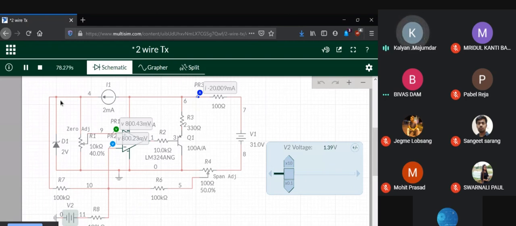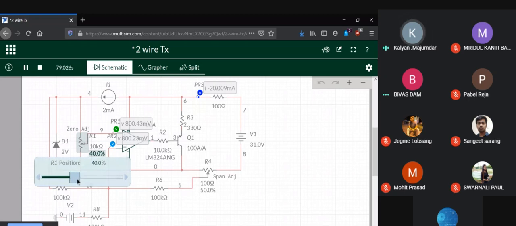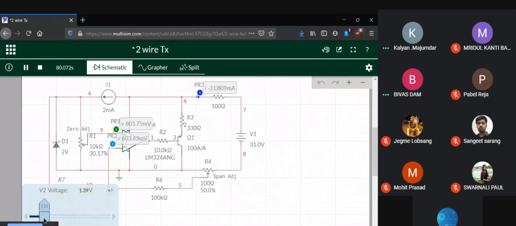So again, let me return back to the earlier setting. We have seen the zero adjustment effect, now let's see the span adjustment effect. Let me take this back to the earlier position, which was 30.17. Setting this to 0 millivolt, we are back to 4 milliamperes.